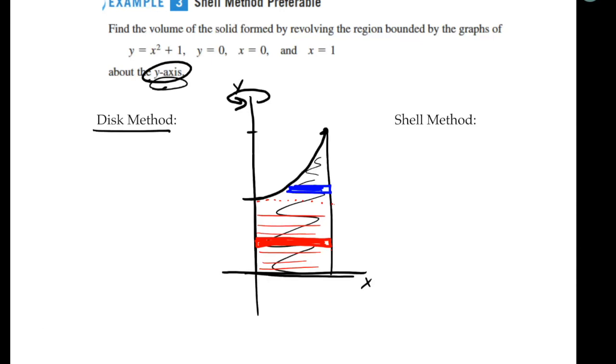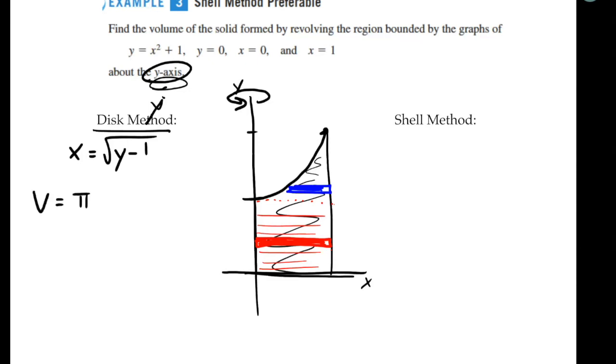Since it's on the y-axis, disk method, y-axis means I need to be in variable y. So x would equal the square root of y minus 1. And from there we can work with that.